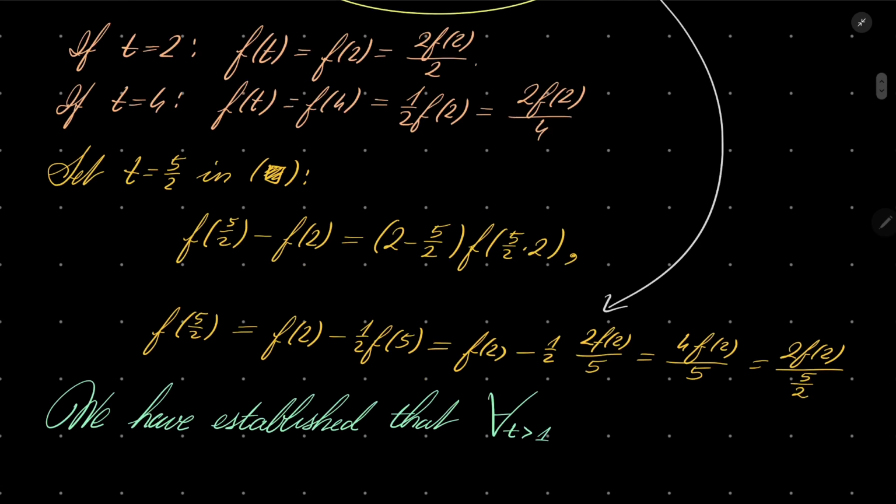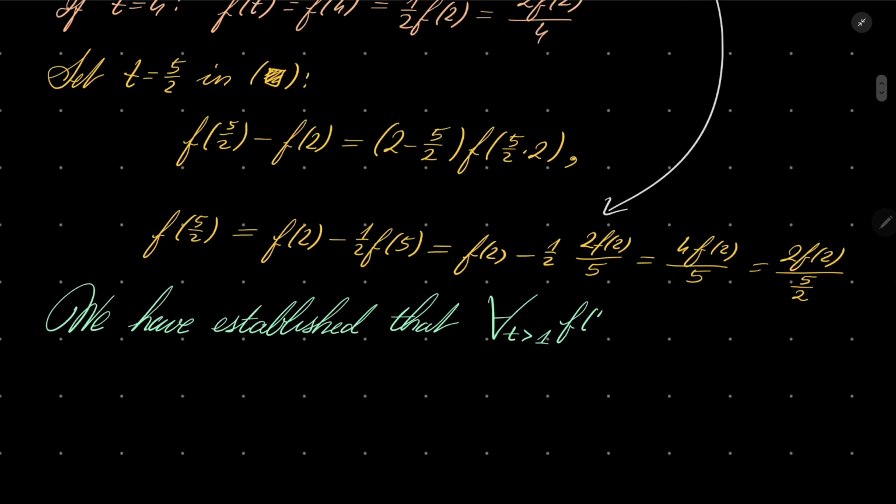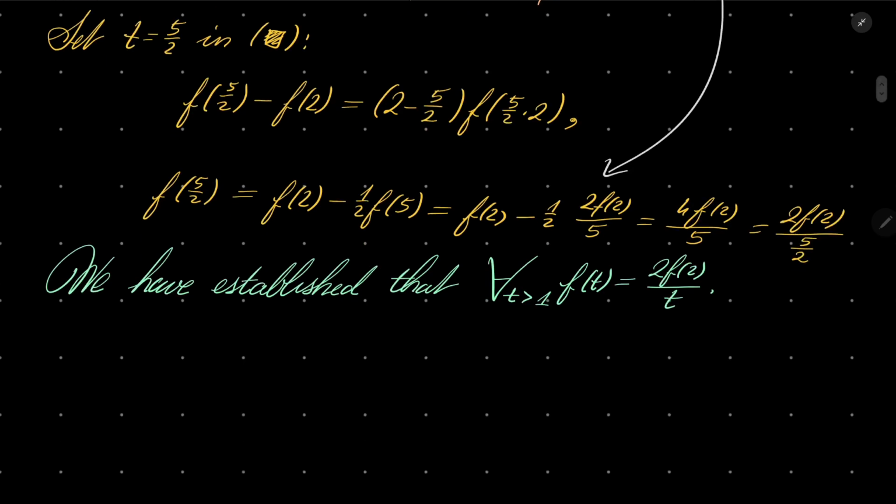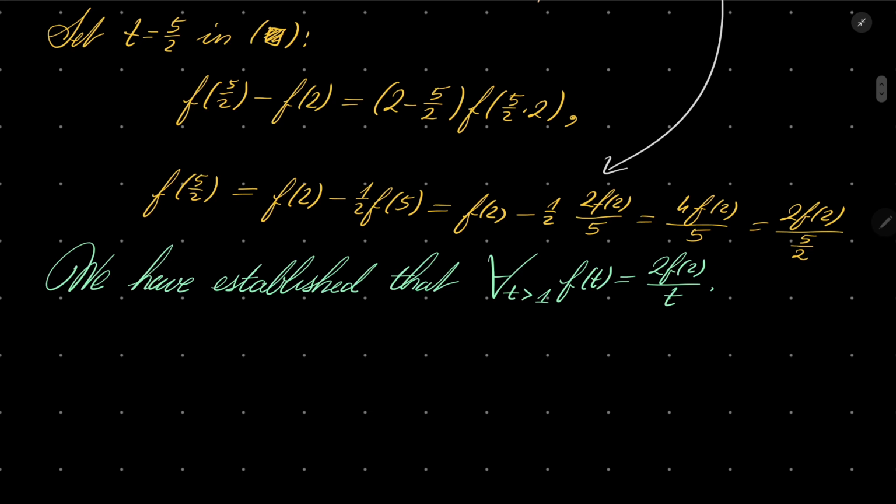So for every t greater than 1, f of t equals 2 f of 2 over t. All right, so in other words, f of x, we can go back to x variable, f of x equals some constant over x, where a is any real constant.